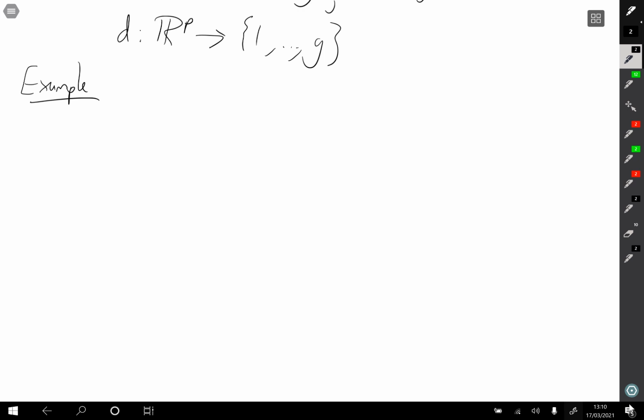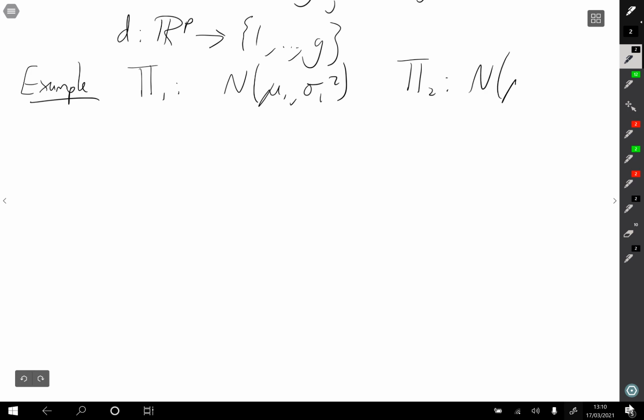Let's suppose that population 1 has a normal mu1, sigma 1 squared distribution, and population 2 has a normal mu2, sigma 2 squared distribution. So univariate observations, x is just in R here. So what does that look like?